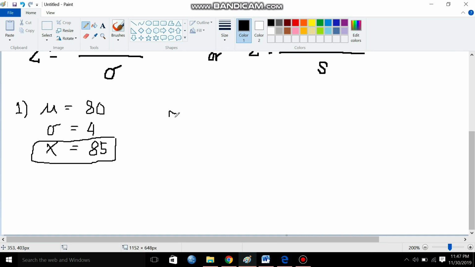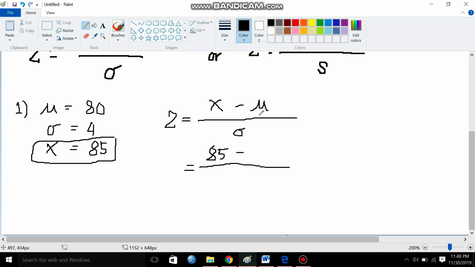So we have z equals x minus mu, or the population mean, all over the standard deviation. x is 85, so we will have 85 minus the population mean, which is 80, and the standard deviation is 4.